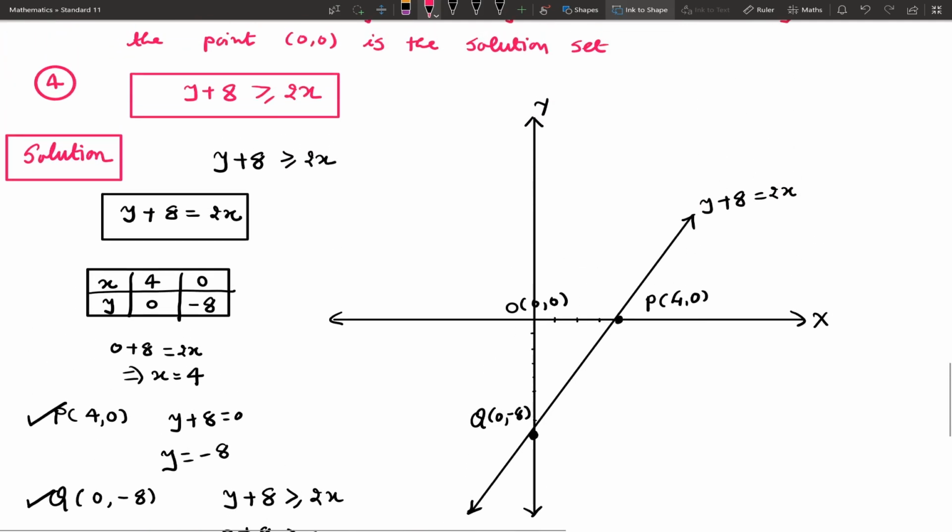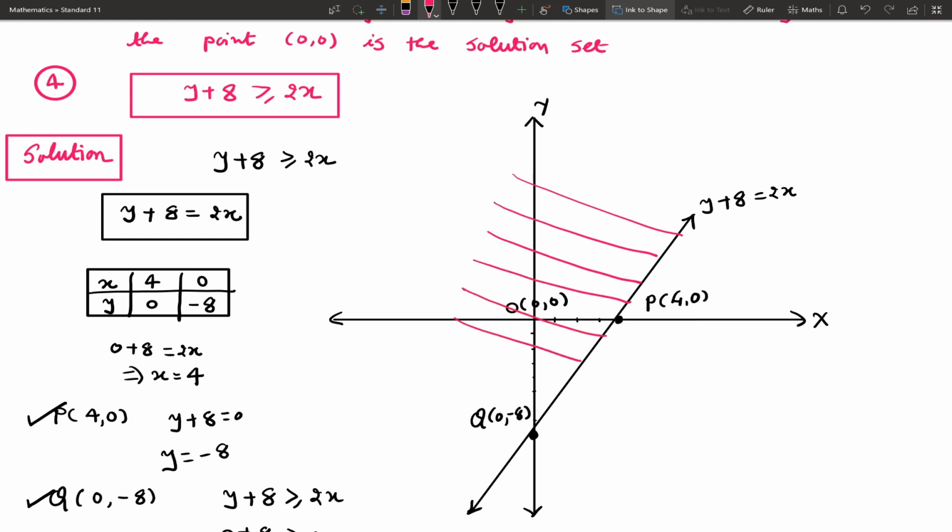So this is the solution set because it contains the origin. So this is the solution set.